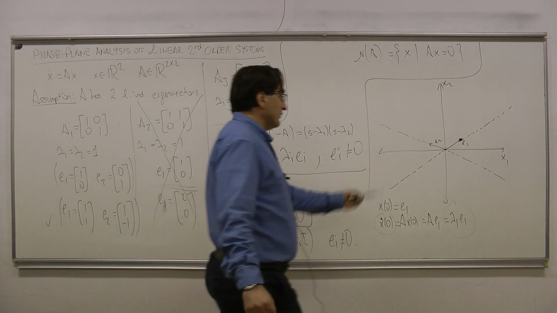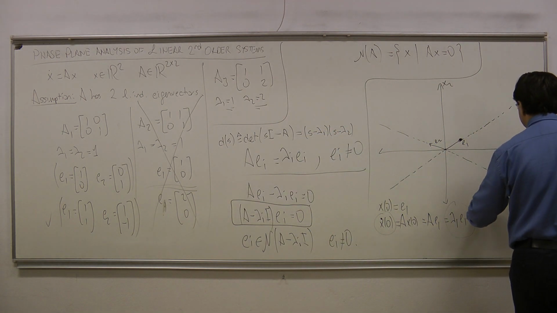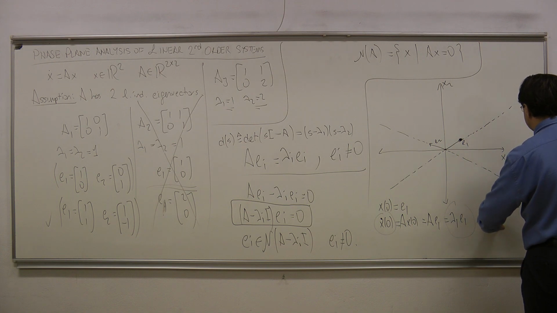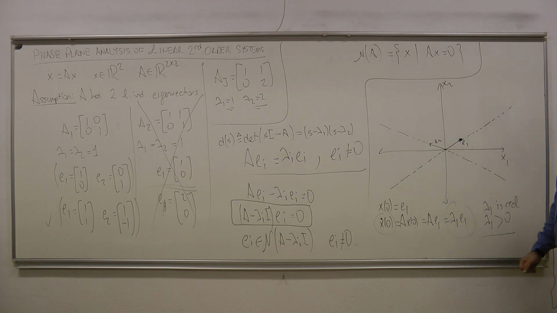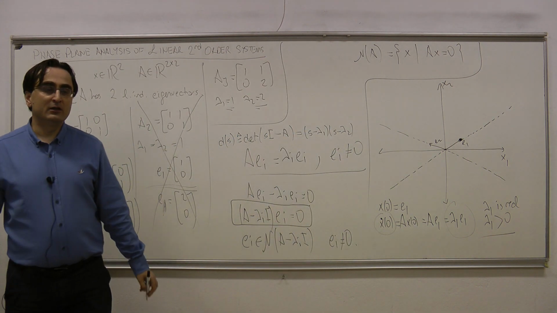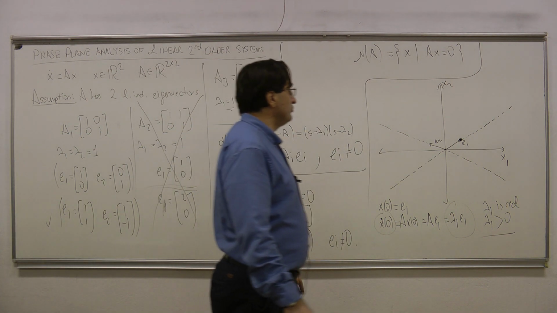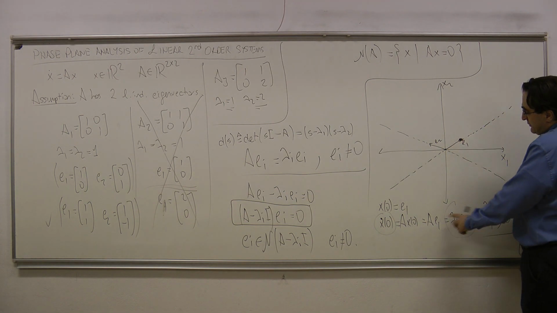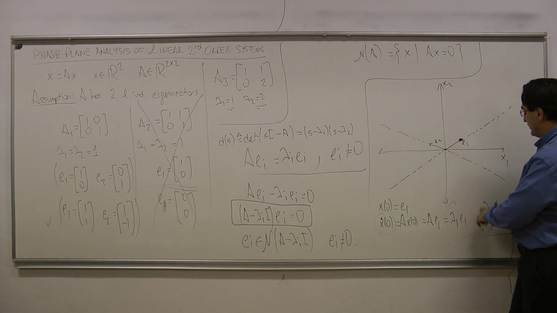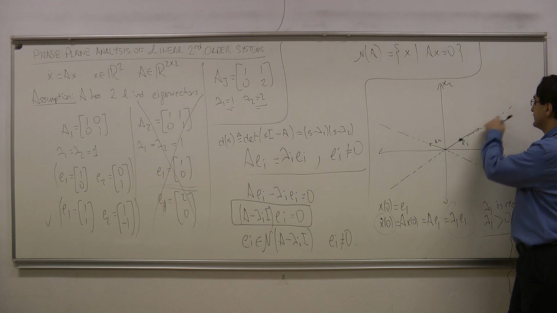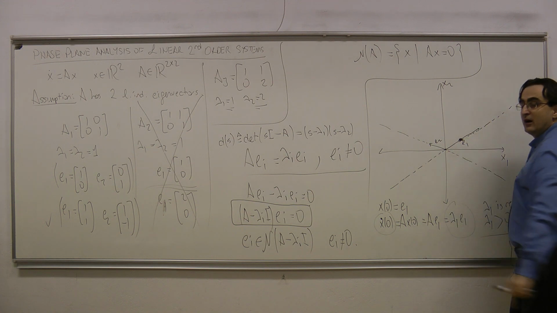Now suppose that lambda 1 is real, this is an assumption, and suppose that lambda 1 is positive. In that case, what can you say about the direction of the motion of the state? The direction is going to be exactly on the same line as the eigenvector.